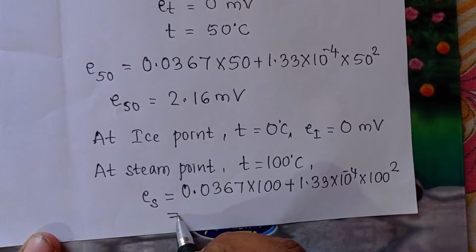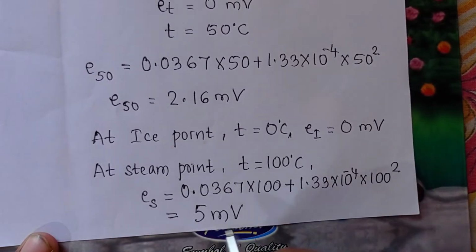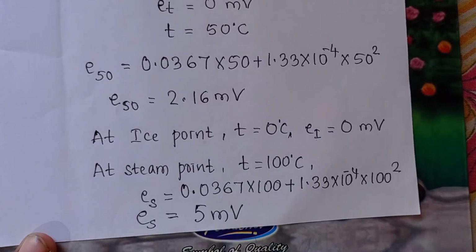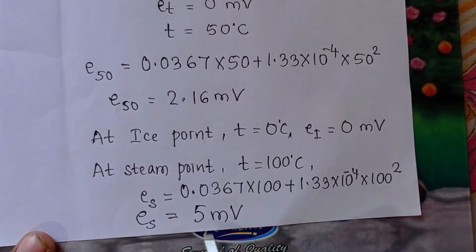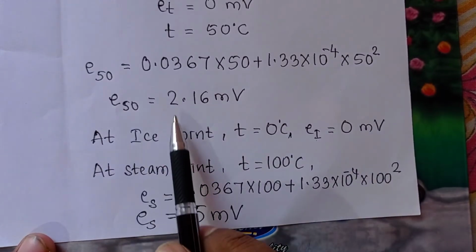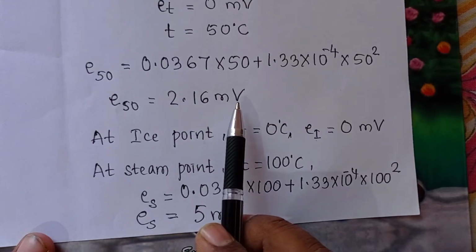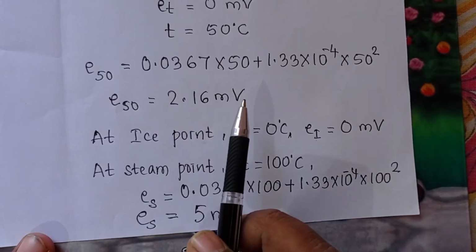I will substitute this value and calculate, and I will get it as 5 millivolts. I repeat, at steam point it is 5 millivolts. At ice point it is 0. At 50 degree centigrade it is 2.16 millivolts. Now I need to find out the value of temperature.